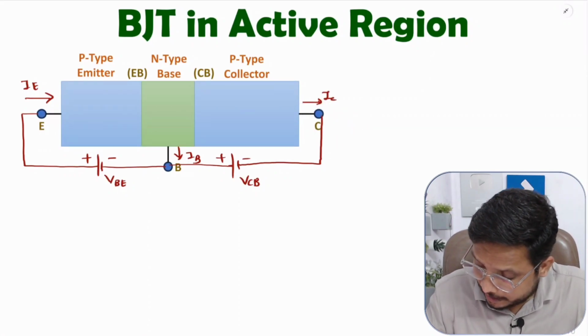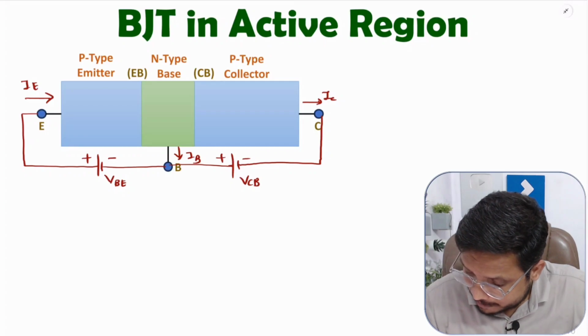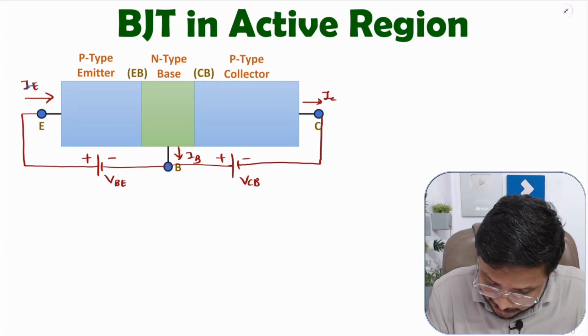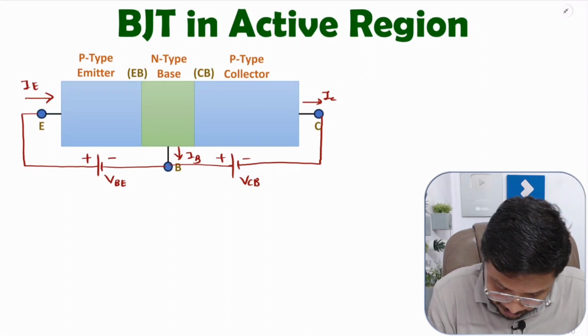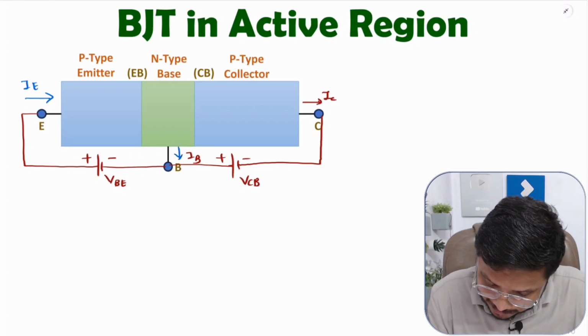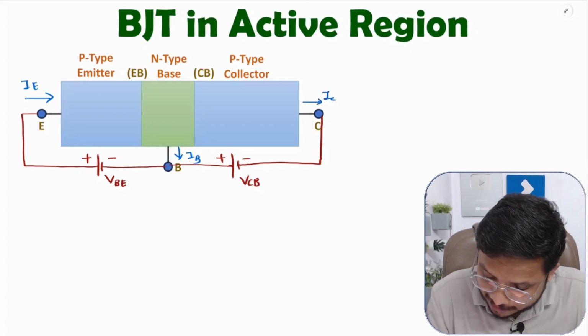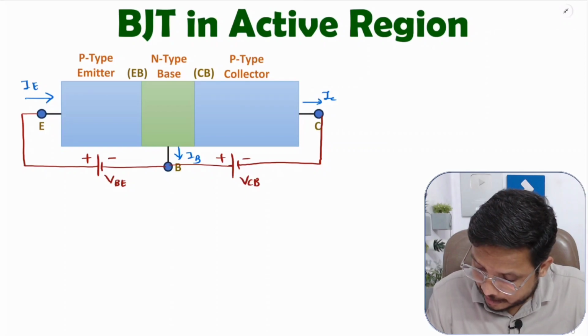That is why three different colors are used. This is the current IE, this is the current IB, these are terminal currents, and this is the current IC.